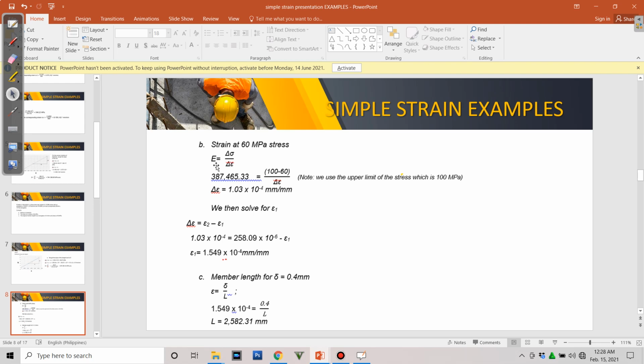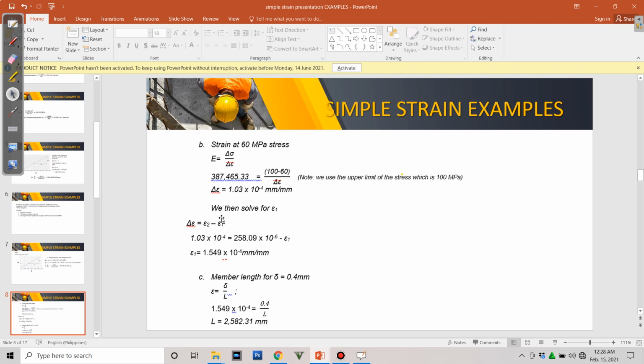So we'll just have to apply this formula and then get the difference of our delta sigma to get the change in strain. So we have 1.03 times 10 raised to negative 4 millimeter per millimeter.